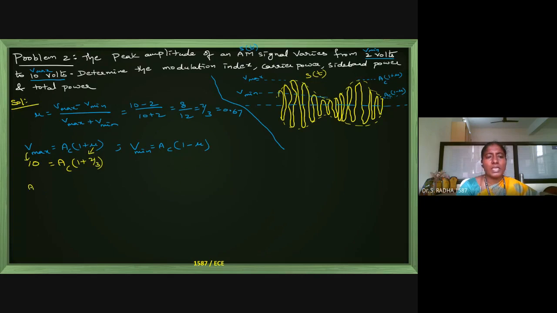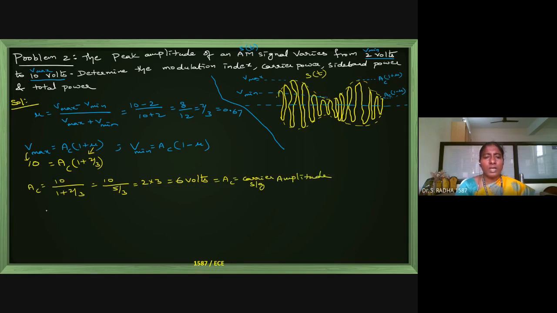AC is 10 divided by 1 plus 2 by 3. I will not use the other one; any one equation you use, you will get the AC value. So 10 divided by 5 by 3, and cancelling, the numerator will have 2 into 3, which is 6 volts. That is the height of AC, the carrier amplitude.